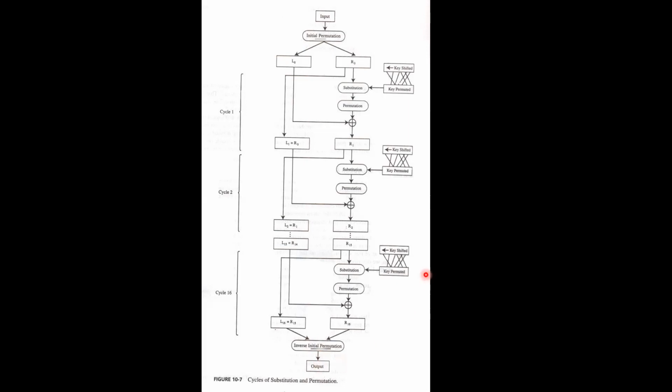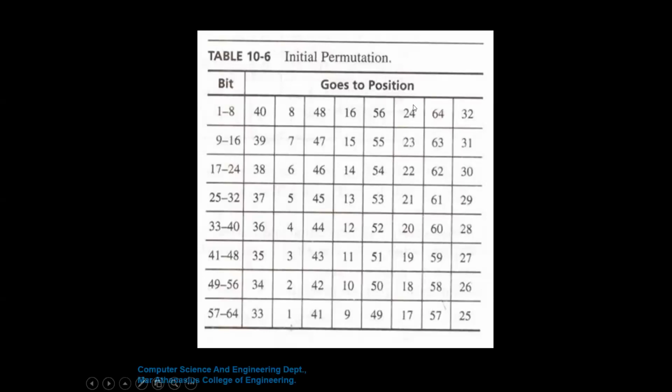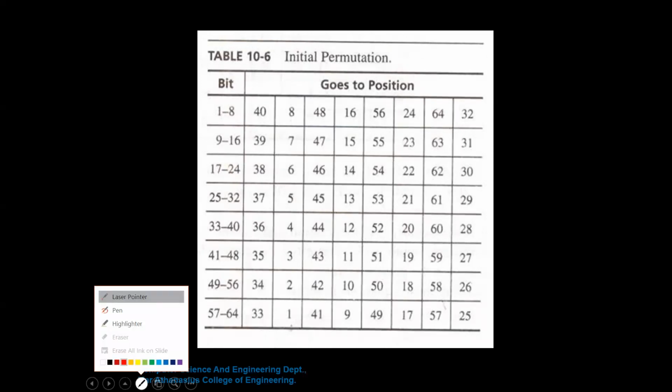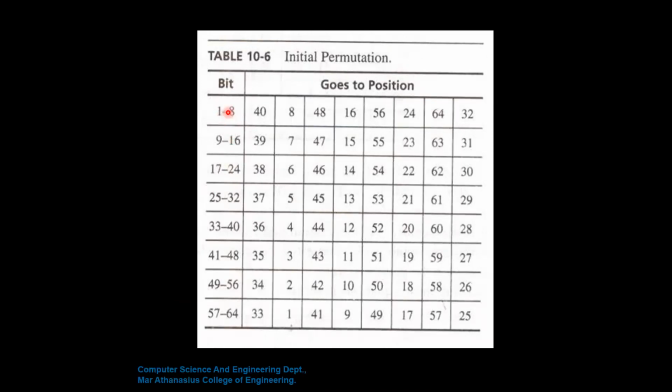So before going to the round, let's see what happens during the initial permutation. You know what a permutation is? An initial permutation is performed based on this table. Here, the bits 1 to 8 of the input go to the corresponding bit positions of the output given in this table.